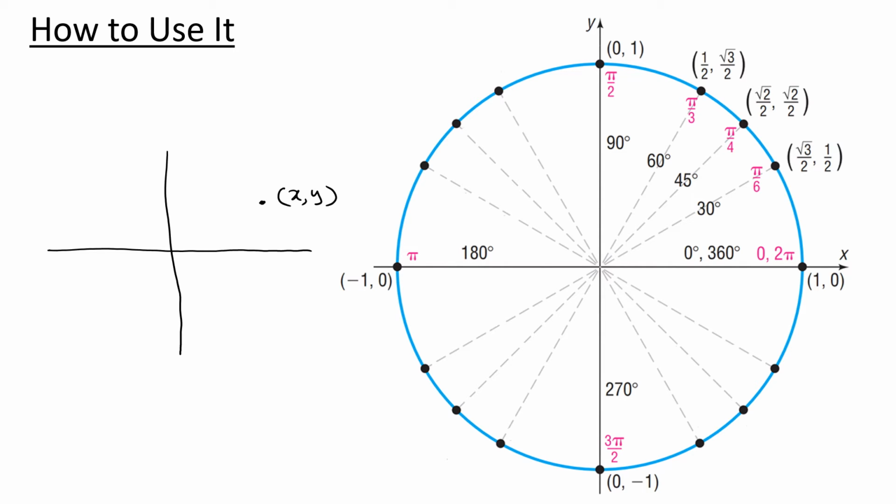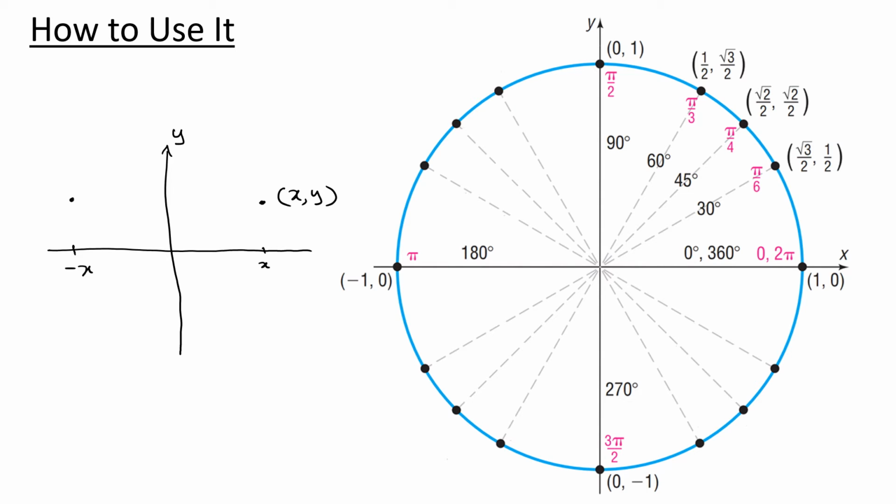Now we're going to reflect this point across the y-axis. If you reflect the point across the y-axis, what's going to happen? It's going to jump to the other side. What are the coordinates of this point? You can see that the x-coordinate changes sign. It was here, and it jumped to the other side, so it's going to be negative x.